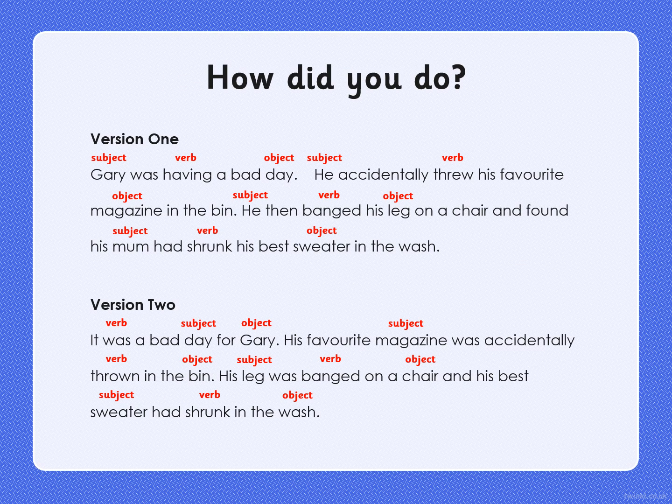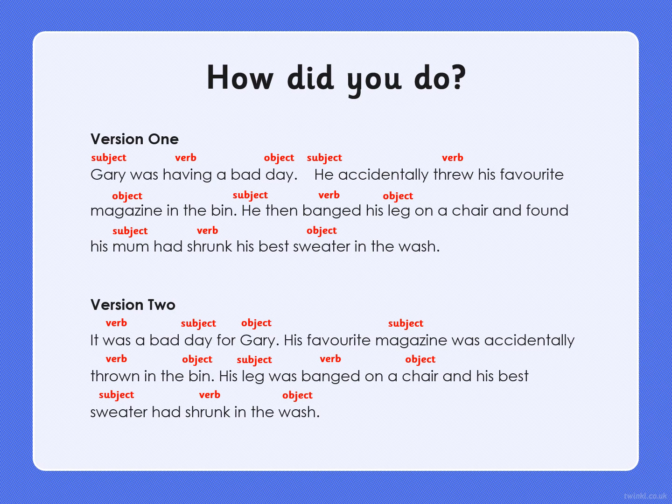All right, here we go. So you can see we've got subject, verb, object, subject, verb, object, subject, verb, object, subject, verb, object. Now you'll notice some of those sentences are more simple, and the subject, verb and object are quite close together. Okay, for example, Gary was having a bad day. Others are more complex sentences, so they might have other words in between, but they always follow the subject, verb, object.